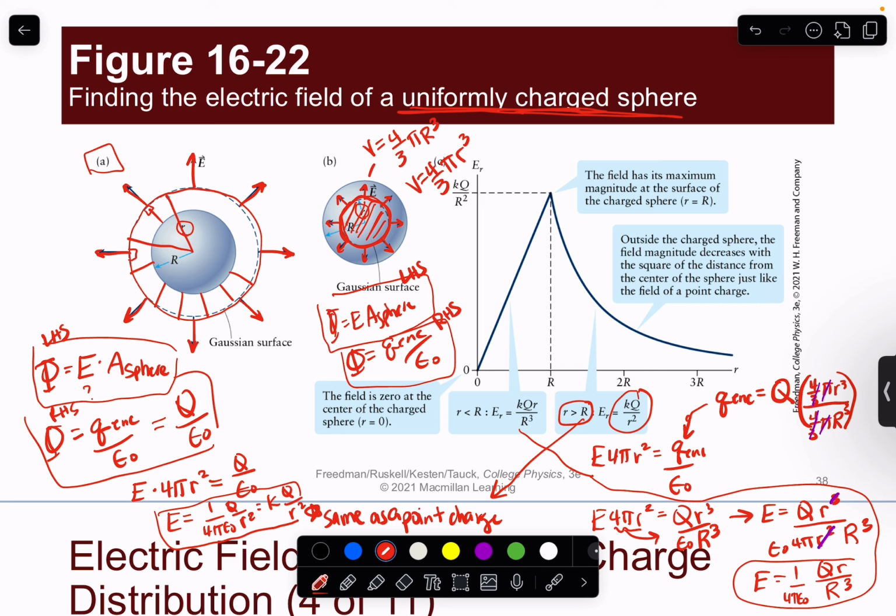We use the left-hand side of Gauss's law. We leave E as a constant that we don't know, but we want to find. And then we basically fill out the blanks of all the rest. What's the area of our Gaussian surface? How much charge is enclosed? Solve for E. And that's what we did right here.